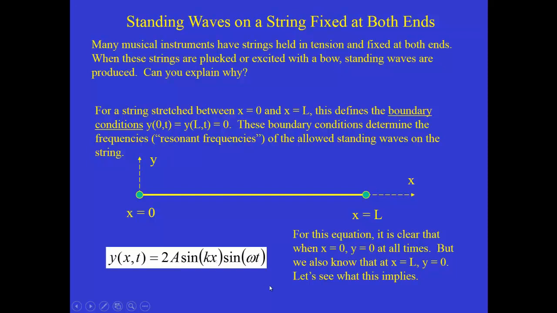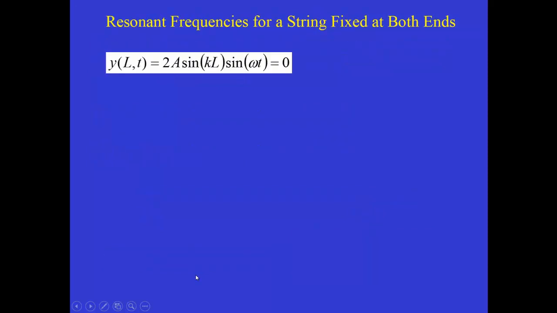So let's find out what that means. We'll take this wave function, plug in x equals L, and set it equal to 0. So we've now used the second boundary condition for the x equals L end of the string, and we know that it's not something that has to be 0 just at some special time, but it's got to be 0 at all times, because that end of the string is fixed.